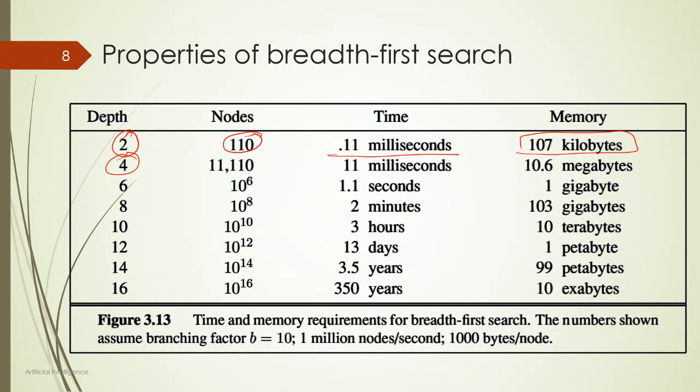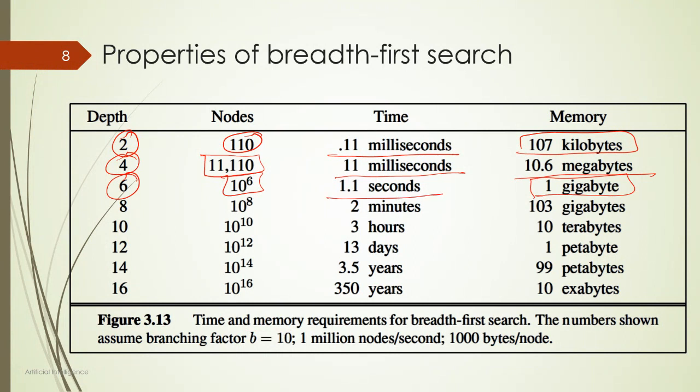For a depth of 4, the number of nodes will be 11,000, 11 milliseconds, and it needs 10 megabytes of memory. For a depth of 6, meaning 6 levels going down, with a number of branches of 10, it will be 10 to the 6, 1 million nodes you need to keep, and you need 1 gigabyte of memory and 1 second of time.